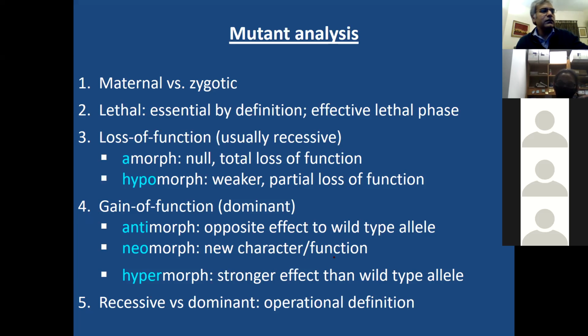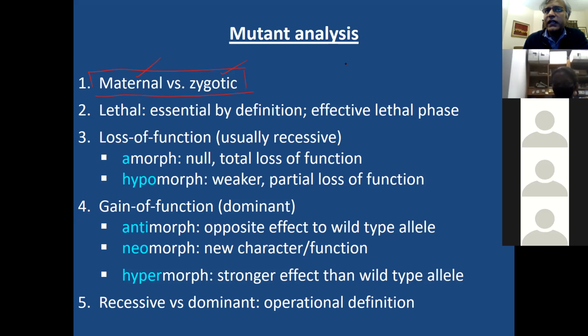So when we discover a gene and a mutation, of course, in case of development, we try to see whether a newly discovered gene is a maternal effect gene or a zygotically expressed gene.